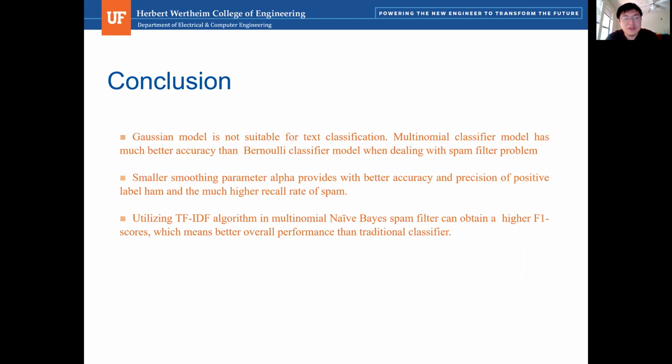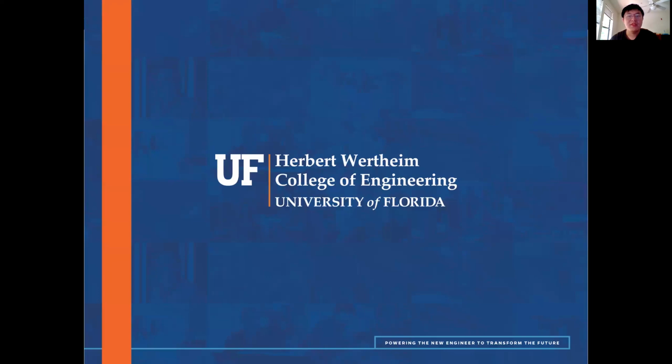The third conclusion is that utilizing the TF-IDF algorithm in the multinomial Naïve Bayes spam filter can obtain a higher F1 score, which means better overall performance than the traditional classifier. Thanks for listening.